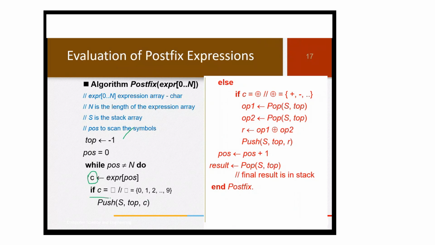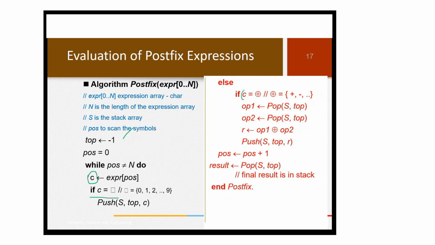So if C belongs to a character set of anything 0 to 9, then push it. Otherwise, pop twice. It could be plus, it could be minus, it could be anything.